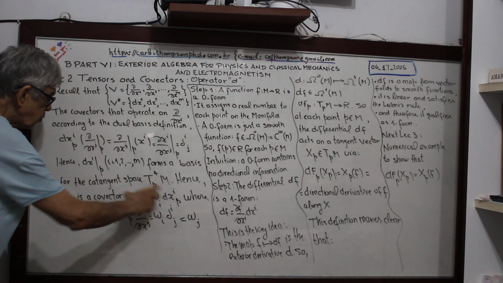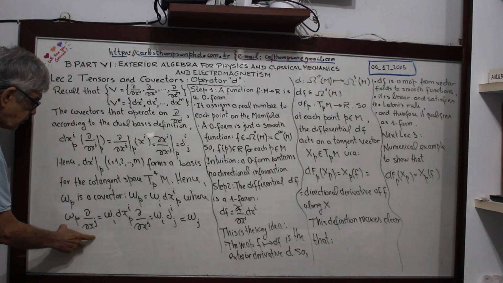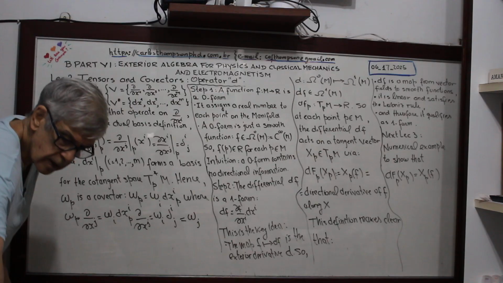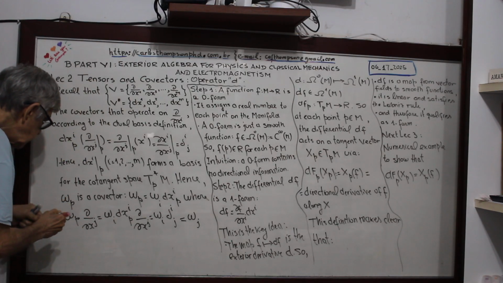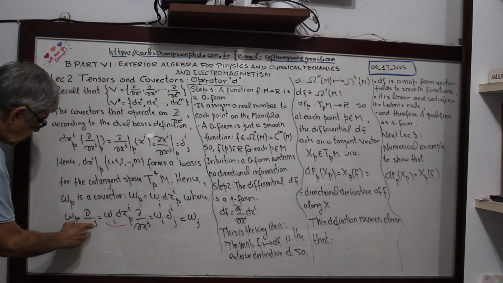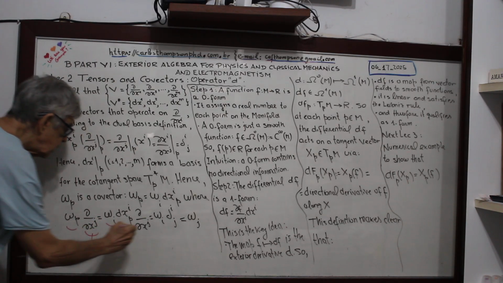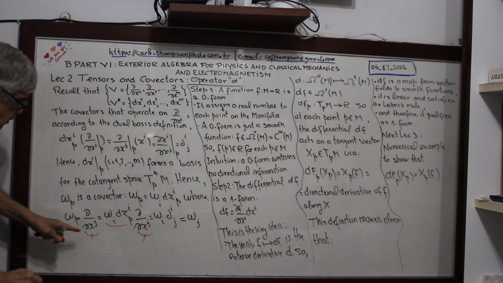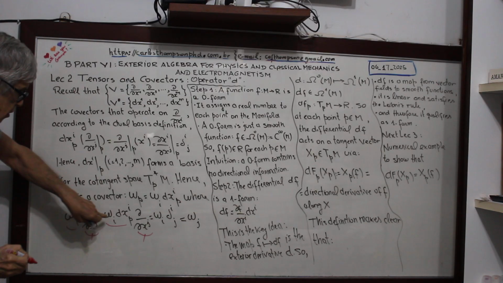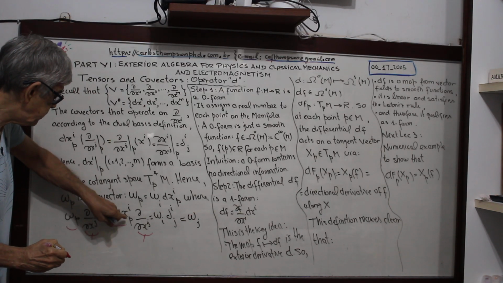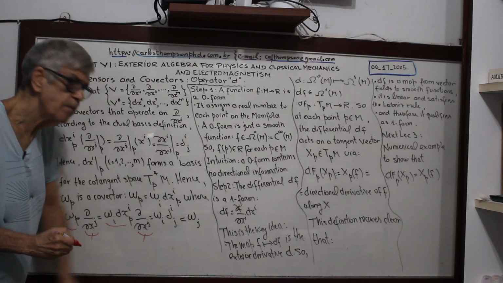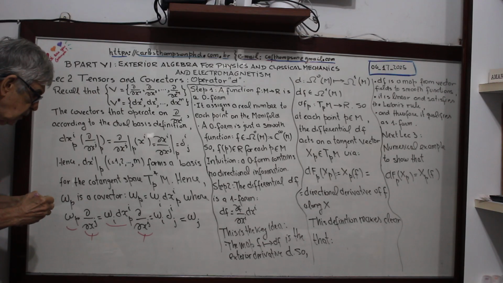Now I multiply both sides by partial xj. Now apply the definition, okay? Kronecker delta, dxi of p, partial xj is delta ij, so this is omega j.